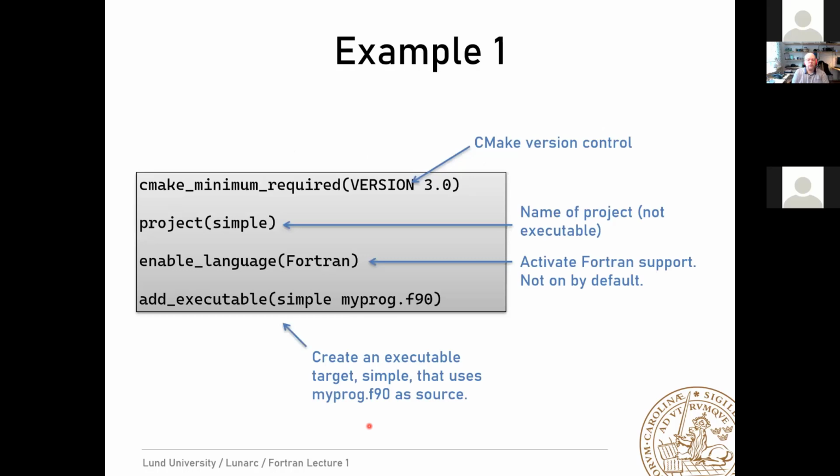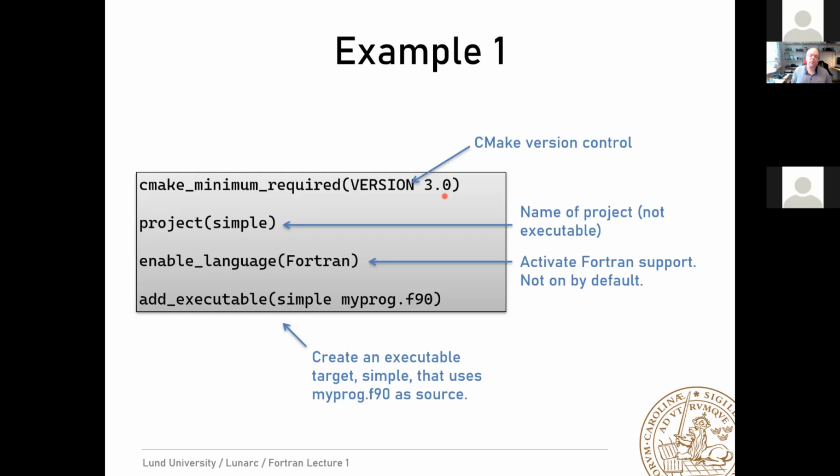So how does a CMake file look? Always when you start a CMake file, you specify cmake_minimum_required. This is the way of telling CMake which version of the tool it was created with.